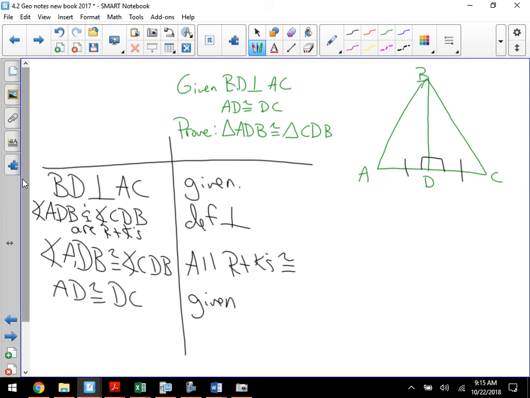What am I missing? I have a side and an angle. What am I missing? Side. Where's the side that I'm missing? Because isn't it shared? That should be the exact same picture of what you have on your progression sheet. It's a shared side, guys.